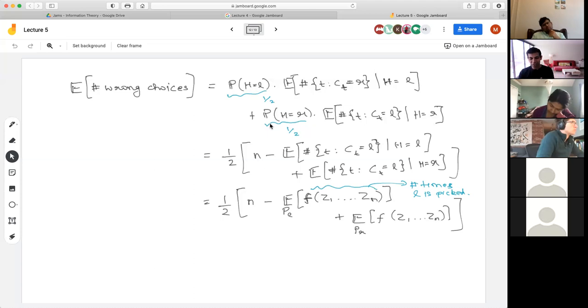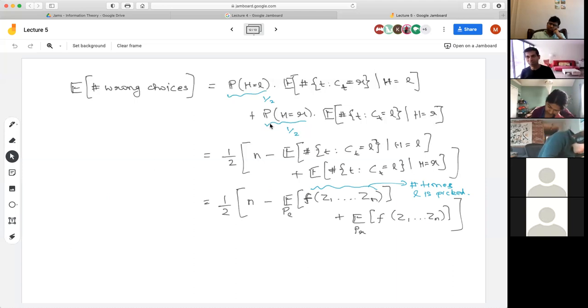At least when we write it in terms of Z1 to Zn, it's purely a function of what we saw. Z1 to Zn could be a complicated random variable because remember, Z2 depends on the choice you made at time 2, which tells me which X you saw, and so on. So it could be a little involved, but at least writing it as a function, it's easy to understand. The only thing it depends on is the values of Z1 to Zn.